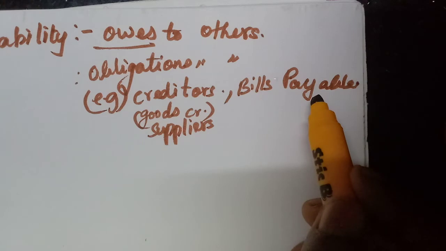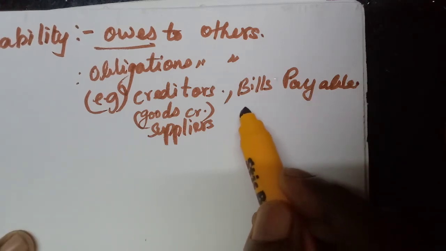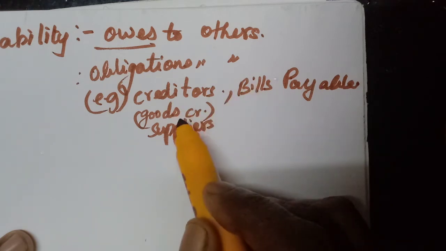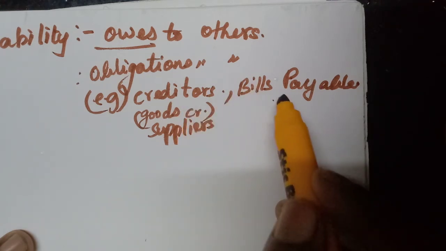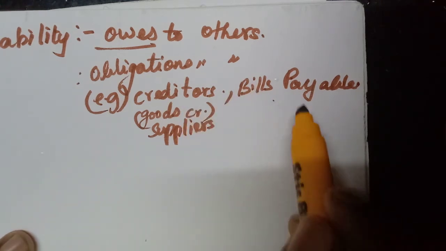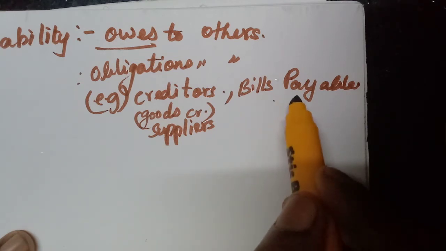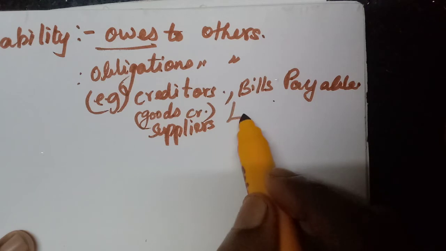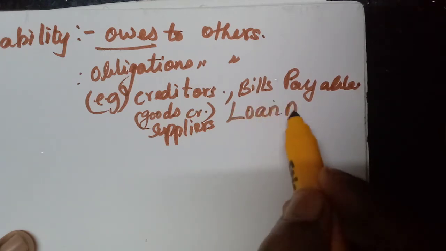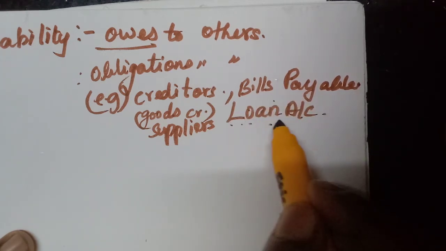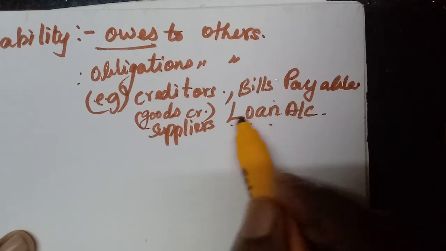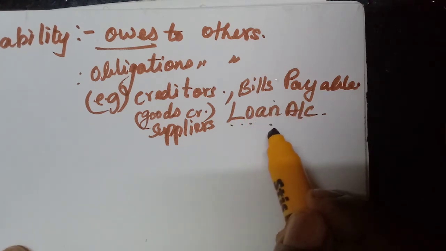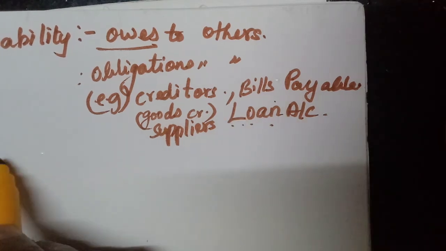We have accepted that we will pay the bills issued by our creditors. That is also our obligation. We need to pay the amount mentioned in the bill. Then any loan account. When we borrow money from the bank, it is also an obligation for the business to pay back that loan amount. Understand? So all these are liabilities.